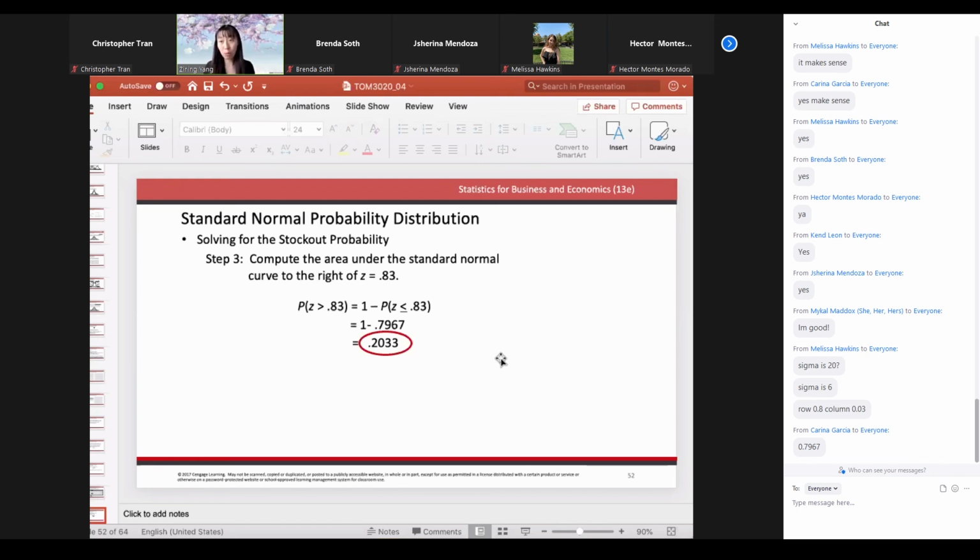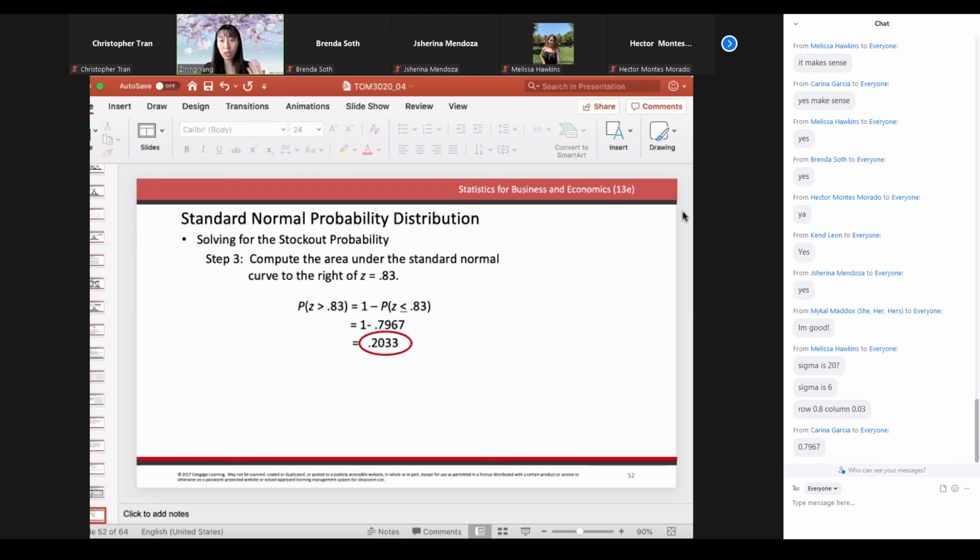That's the probability of losing sales, which isn't a good situation because 20% is 1 out of 5. We don't want to lose business 1 out of 5 times, right? That's a high probability, so we wanted to fix this situation.